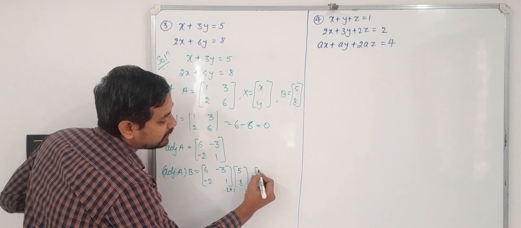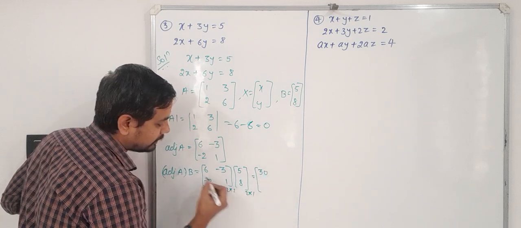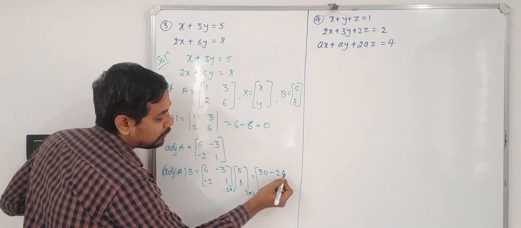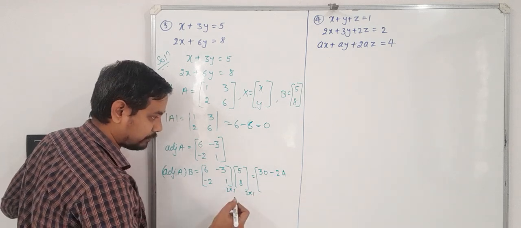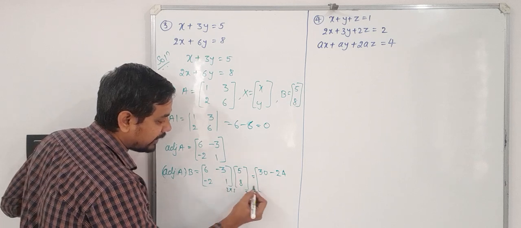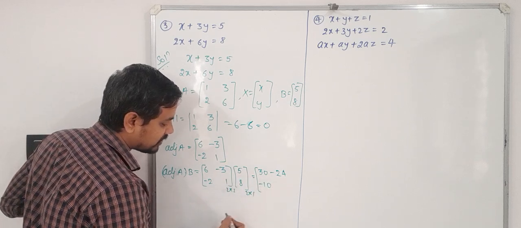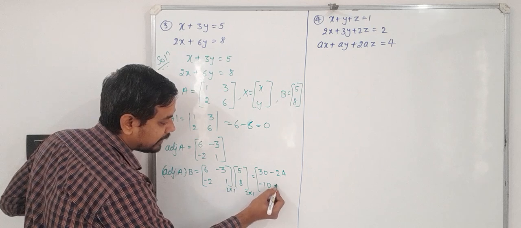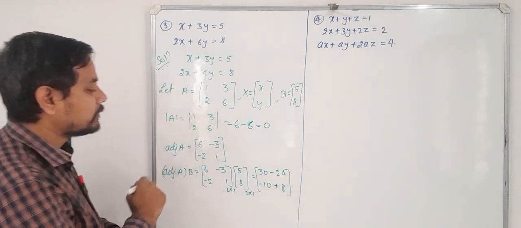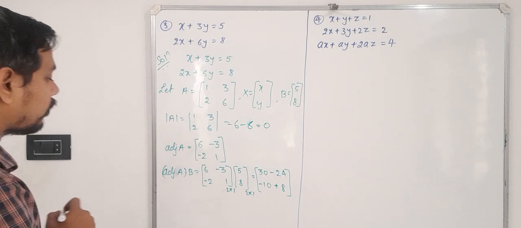6 into 5, 30, right? Minus 3 into 8, minus 24. Okay. So now minus 2 into 5, minus 10 and 1 into 8 plus 8. Okay, so this will be what?